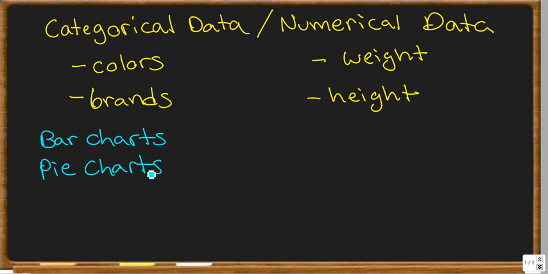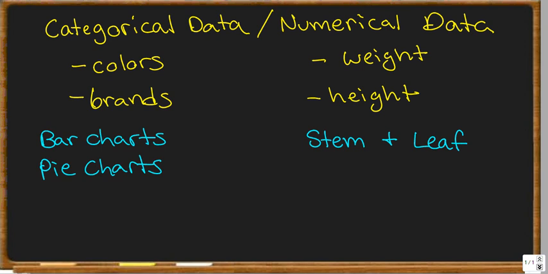Those are going to be your two big ones for categorical data. Now you could obviously do different ones, but those are the main ones. For numerical data, one that you'll see used very often is going to be a stem and leaf. And those are the ones we're going to talk about, at least in this particular video.